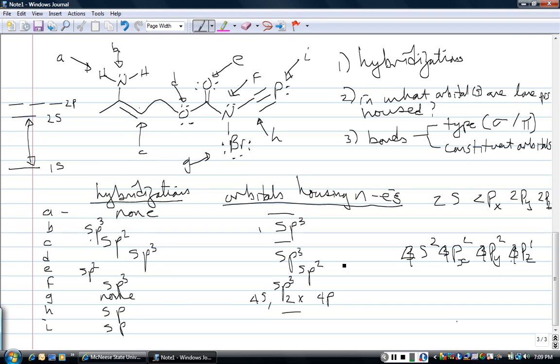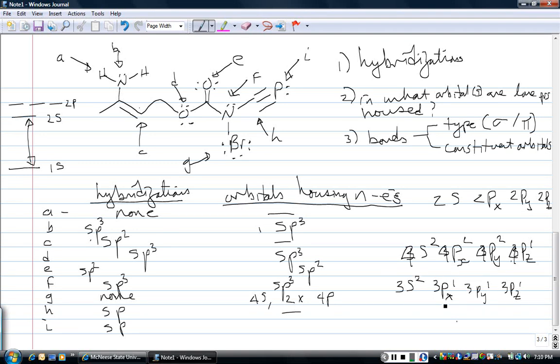And of course, phosphorus, which is a third row element, will have 3s2, 3px1, 3py1, 3pz1. Because phosphorus is just below nitrogen in the periodic table. So nitrogen was 2s2, 2px1, 2py1, 2pz1. With phosphorus, you just put a 3. And it's sp hybridized, so it's going to reserve these 2 for pi bond formation.